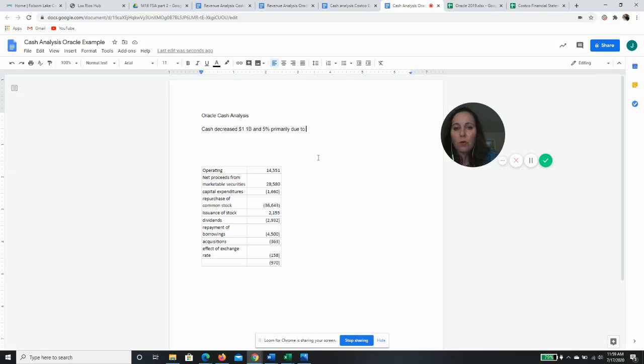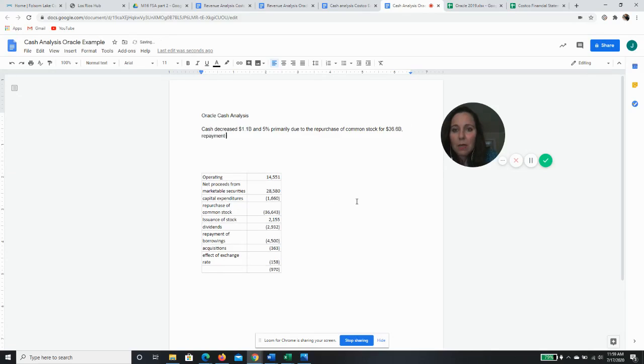So I'm going to write the repurchase of common stock for $36.6 billion with a B. And then the next biggest one is this one.